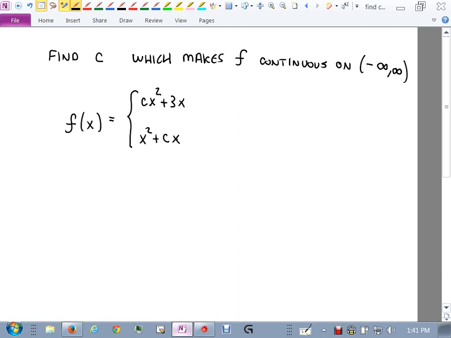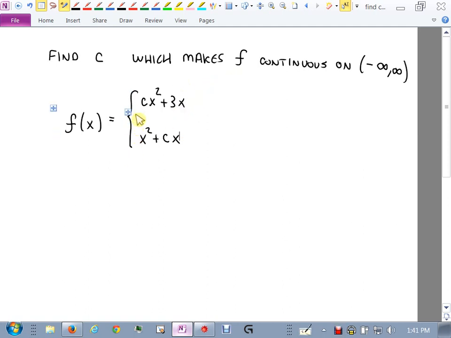Okay. C here is what? A constant, some number, right? I'm supposed to figure out what that number is so that this function f is continuous everywhere.